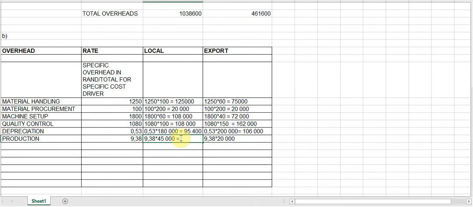If I take the 9 rand and 38 cents and I times it by 45,000, I get 422,100. And if I do the calculation for the export robes and I times it by 20,000, I beg your pardon, I get 187,600.